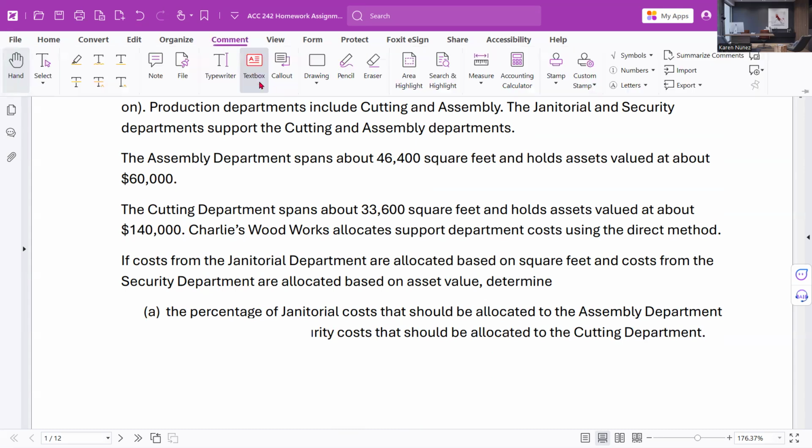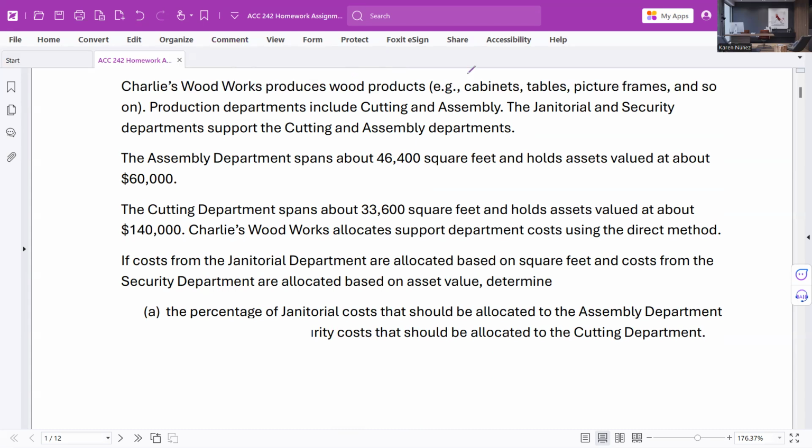So we've got, in this case, two production departments, assembly and cutting. And we have two support departments. We have janitorial and security.